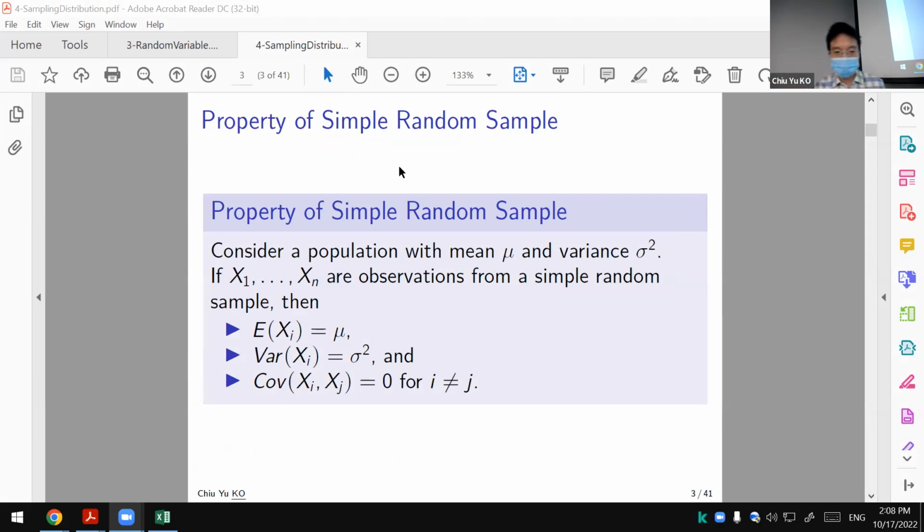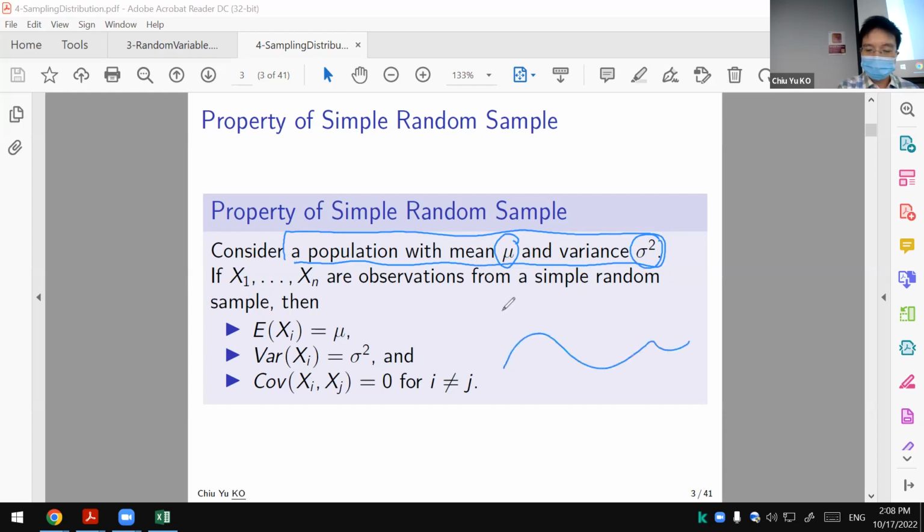Okay, what is this property here? The simple random sample, okay? The important thing is when your population has mean mu and variance sigma squared, okay? We don't know these two numbers, but they are not probabilistic, they are just some numbers we don't know. Just like the population looks like this, okay?